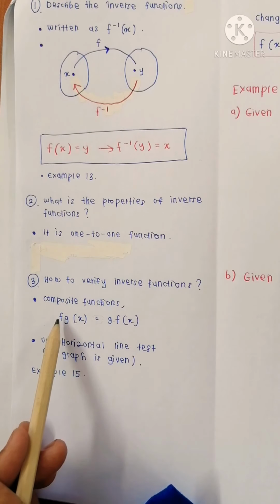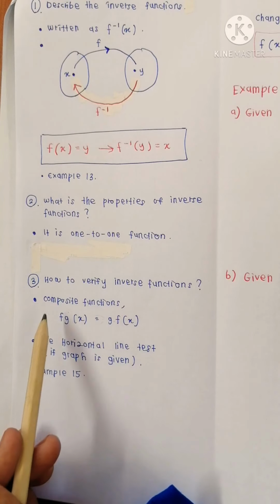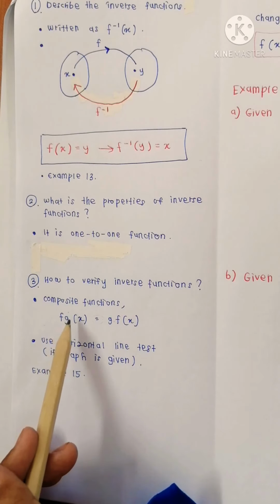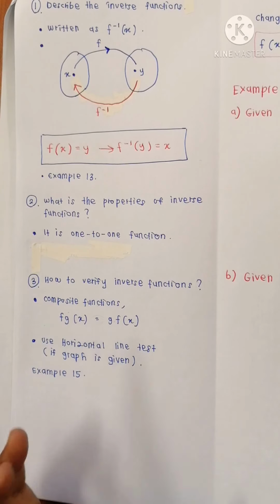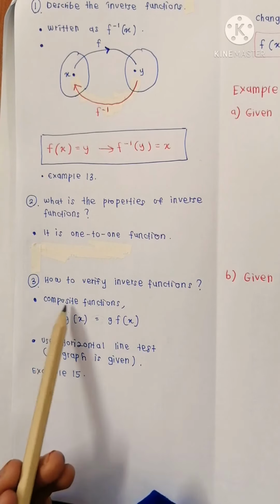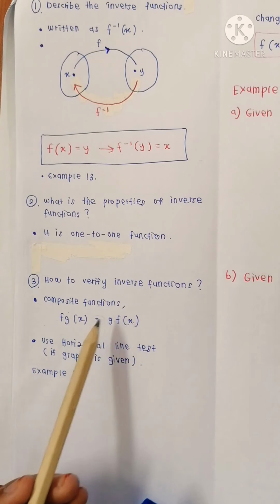It means that function f is the inverse of function g, or otherwise, function g is the inverse of function f. It can be either one, as long as the composite function fg of x equals gf of x.